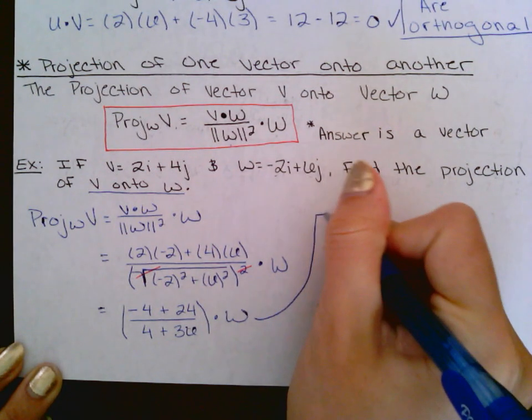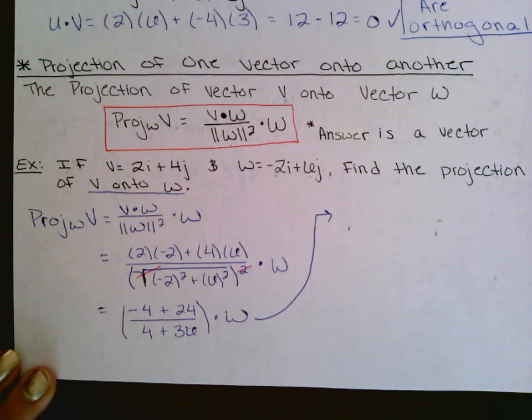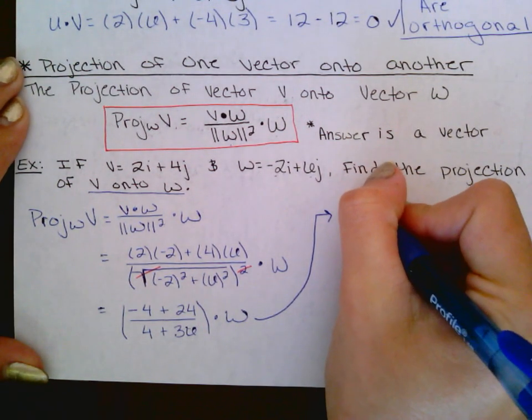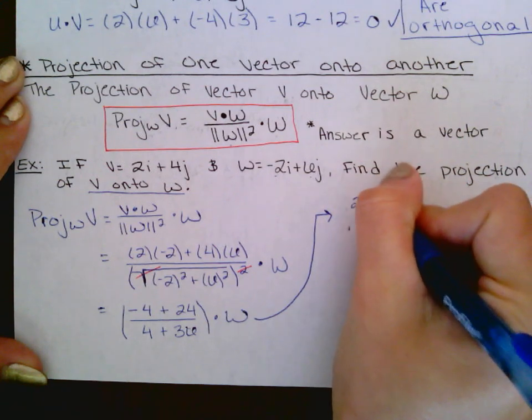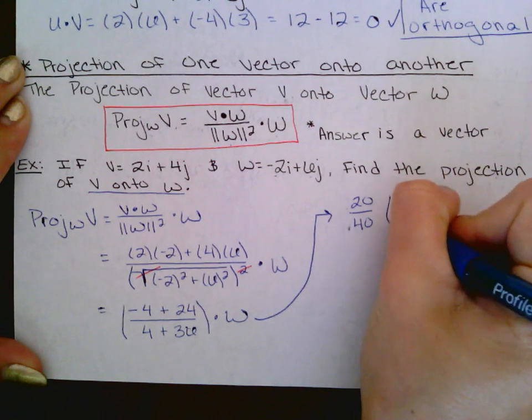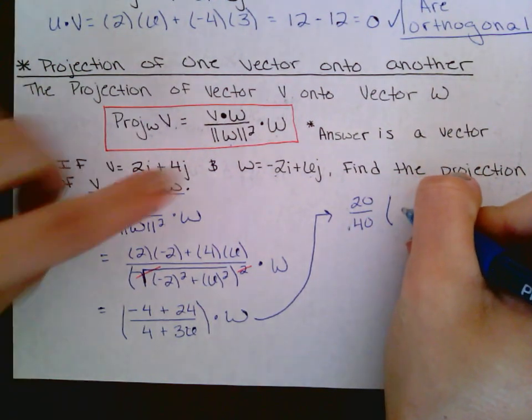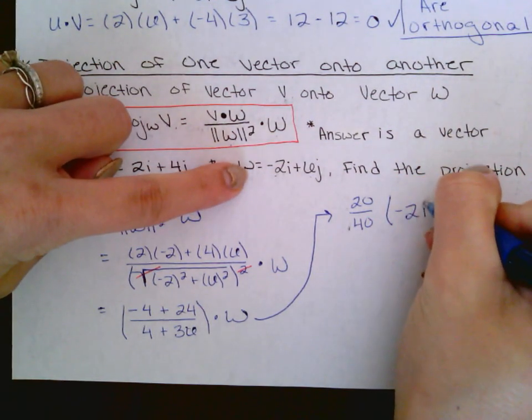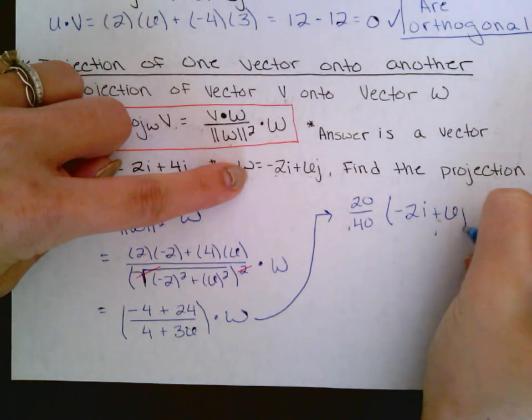I'm going to come up here for the rest of our work. So this here is going to clean up to 20 over 40 times vector w right here, which is -2i plus 6j.